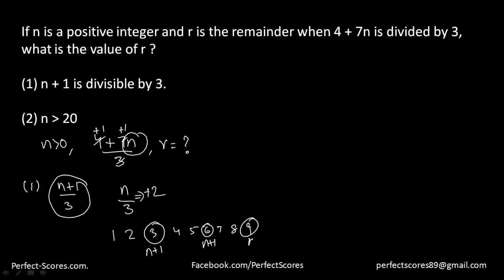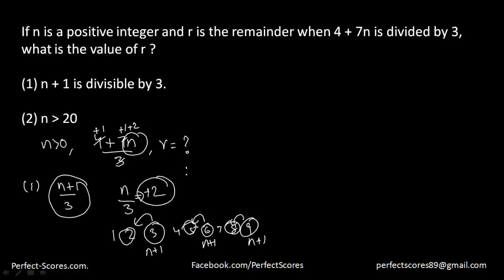That means n will always be a number which is 1 short of being divisible by 3. Hence, it will always give me plus 2 remainder when I divide it by 3. Right? That means I would know what is the remainder given by n when it's divided by 3. That is going to be plus 2.